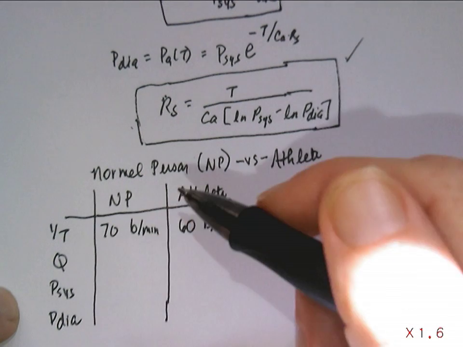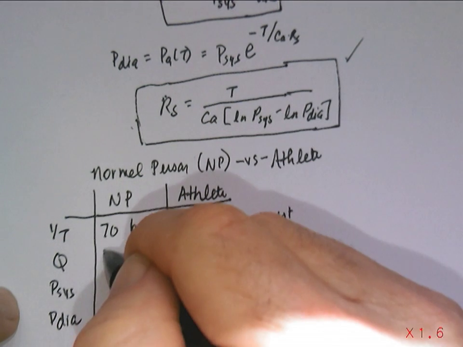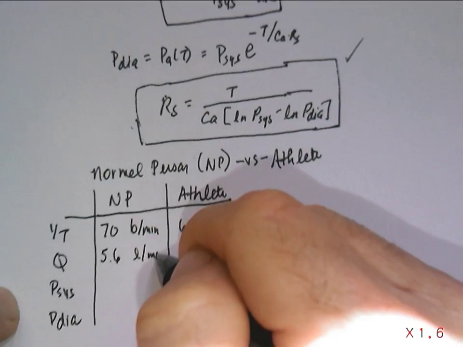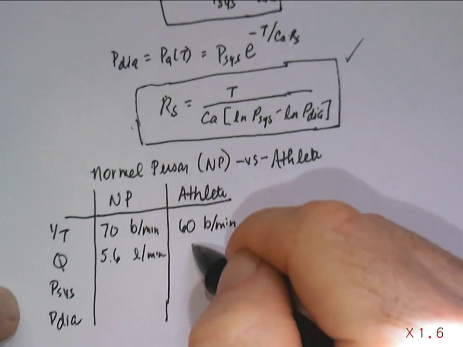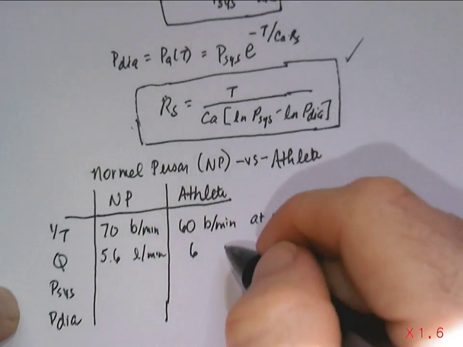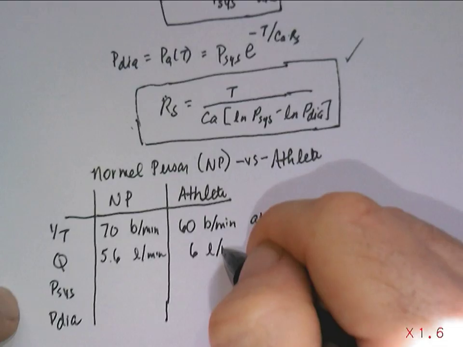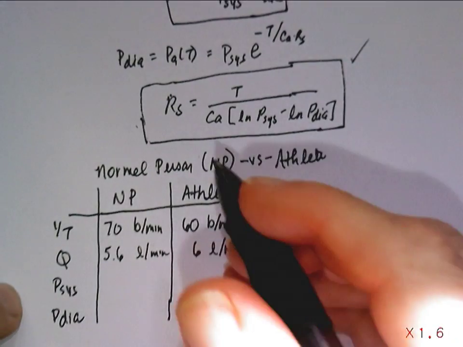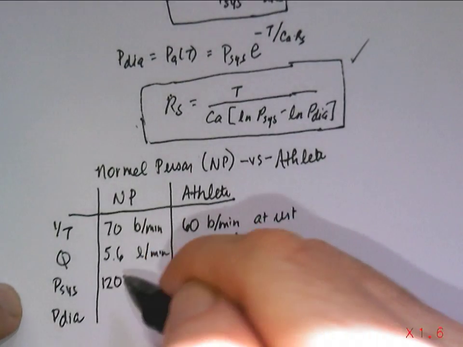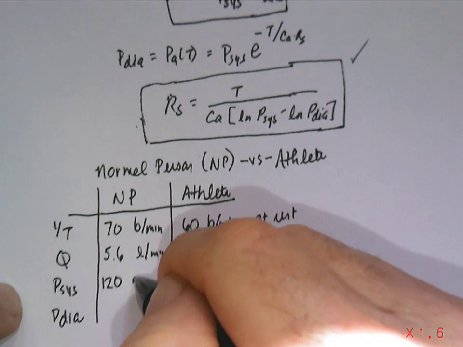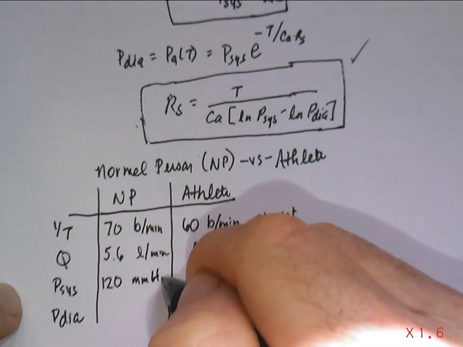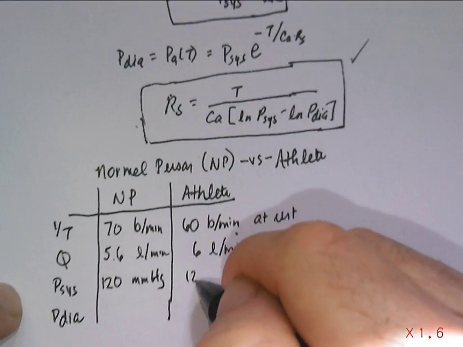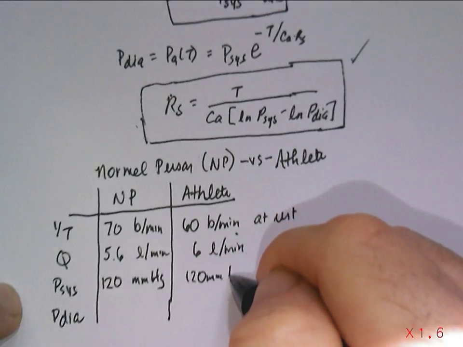Typical normal person cardiac output, we'll just say about 5.6 liters per minute. Athlete, a little bit more than that, 6 liters per minute. Okay. In terms of systolic, typical values you would see 120 millimeters mercury for a normal person, about the same for the athlete.